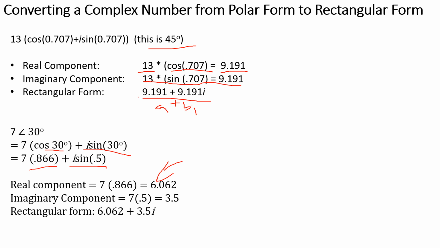The imaginary component, the y-axis, the sine, is 7 times 0.5, 3.5. So my rectangular form, and the reason we call it rectangular form is we're basically making a rectangle. Here's my theta right here. The cosine, for the real component, the x, is 6.062, and my sine is 3.5, my y component.